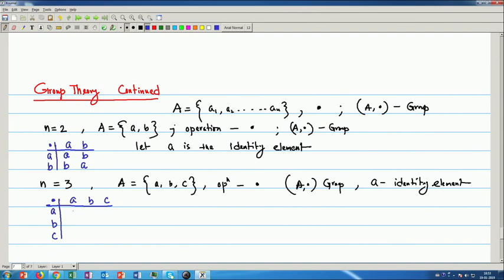See A dot A is A, since it is the identity. A dot B is B, since A is the identity. A dot C is C. Now, B dot A is B only.